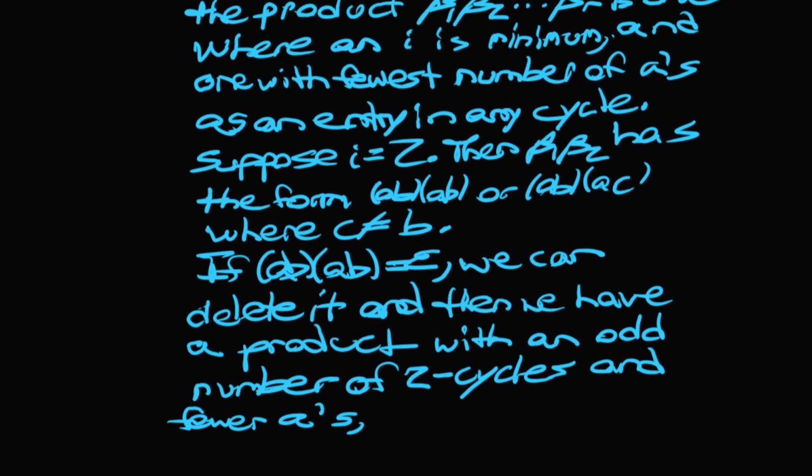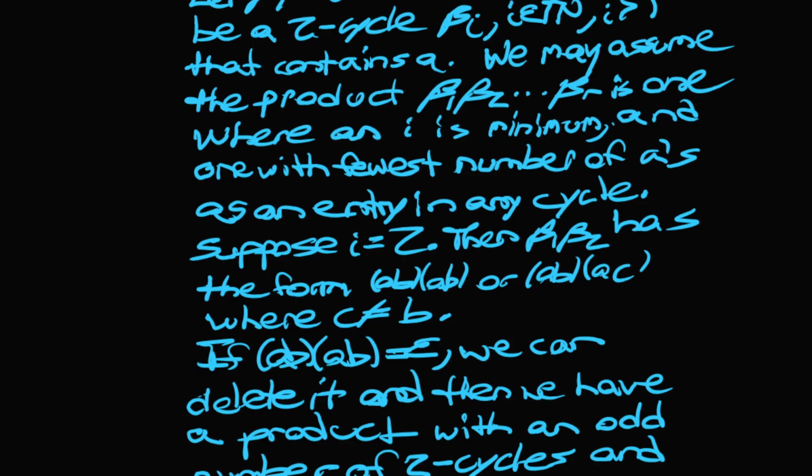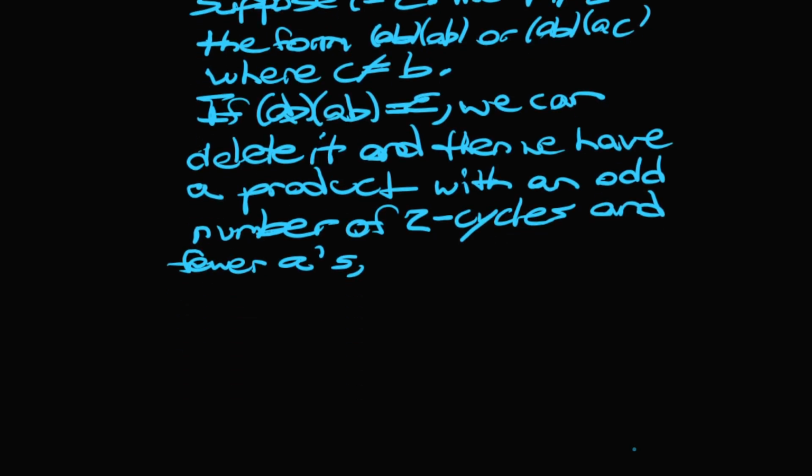However, we assumed that this product is one where I is a minimum, and it's one with the fewest number of A's, so this is a contradiction.